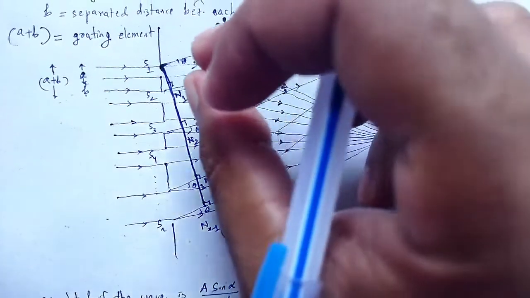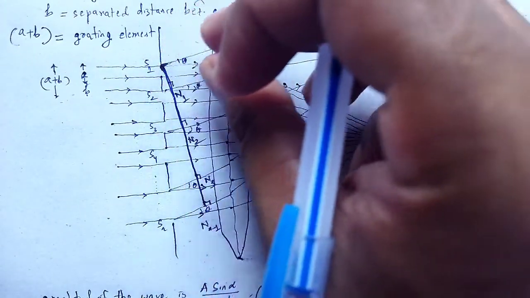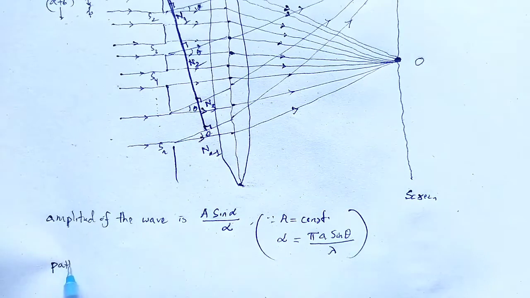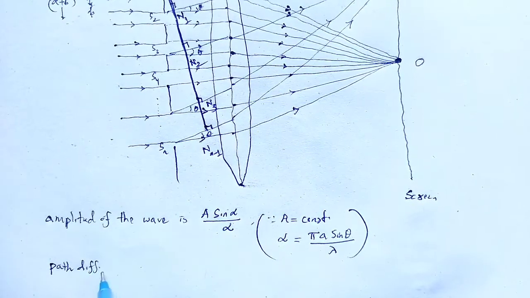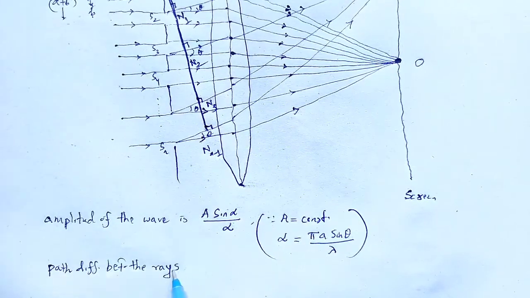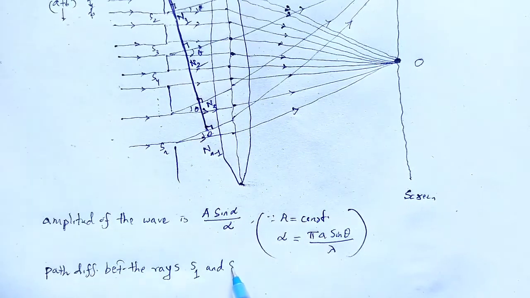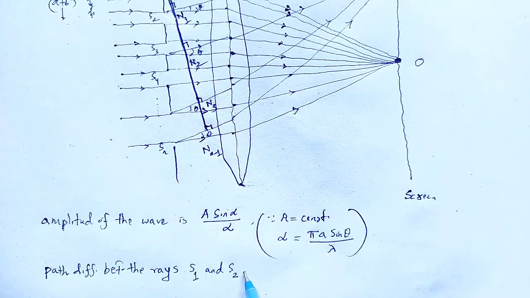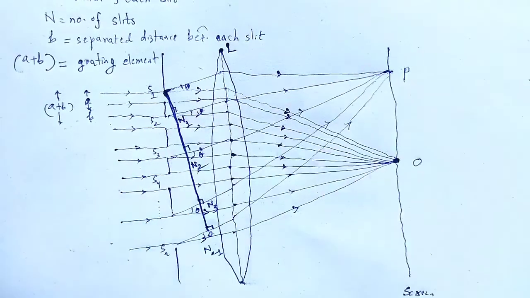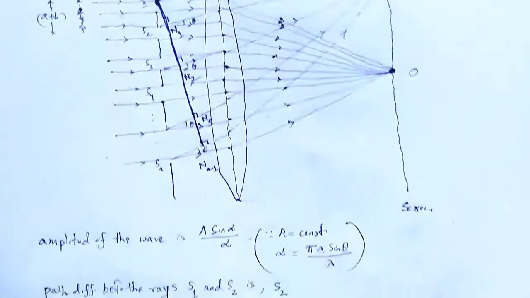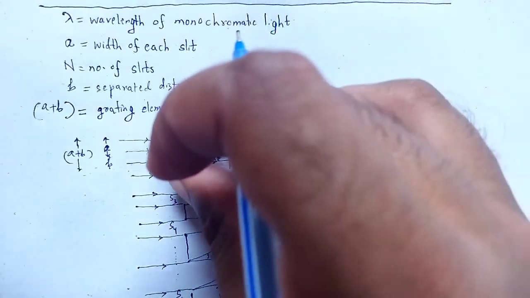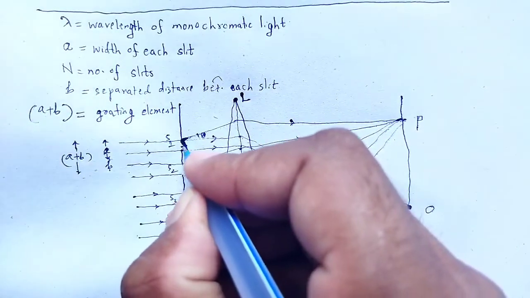So, the path difference between the rays from the slits S1 and S2 is S2 N1, which is a plus b, where that angle is theta.